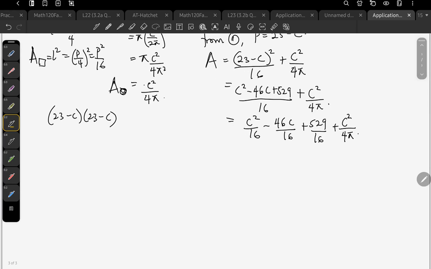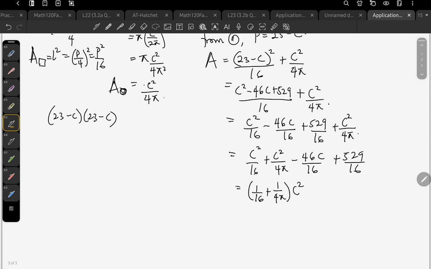Now I can bring the c squares together. That is c squared over 16 plus c squared over 4 pi minus 46c over 16 plus 529 over 16. And this is (1 over 16 plus 1 over 4 pi) c squared minus 46 over 16 c plus 529 over 16.